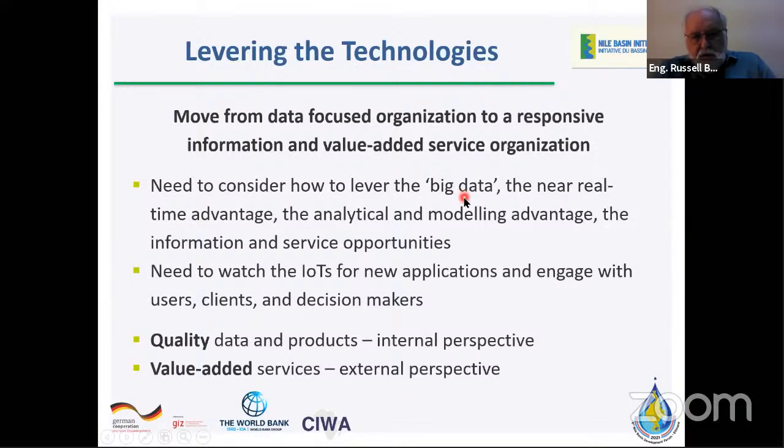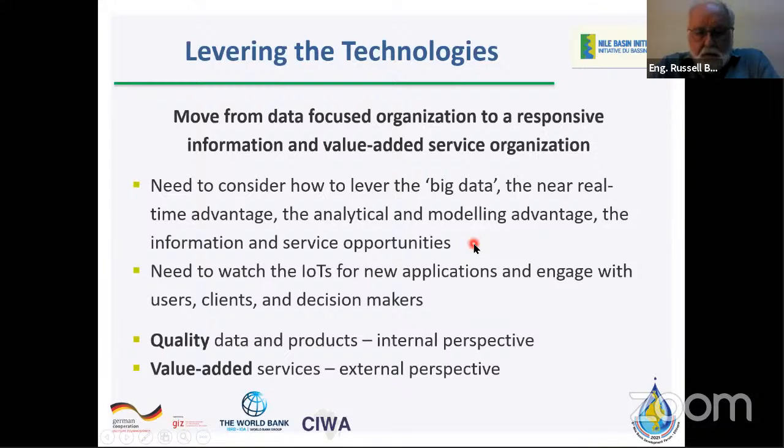Use the technologies to leverage this big data that you're gathering from the ground-based stations and through the space-based technologies, and the real-time advantage that these technologies offer you, as well as the increased analytic and modeling capabilities, to build your information and service opportunities.